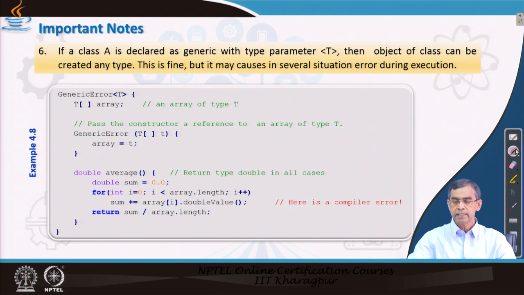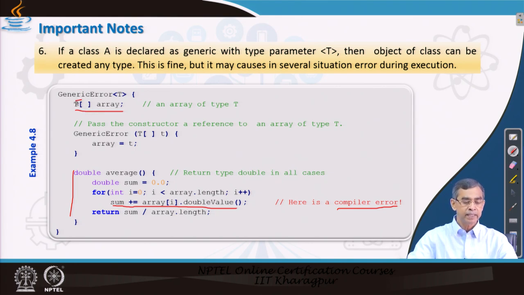Now, once you declare it and run this program, this statement here will give an error. The error is called a compile error. Why? This is because this T type can be any type. If T is numeric, absolutely no problem, this program will work for you, but T is not necessarily numeric, that means it is not necessarily Integer, Double or Float.